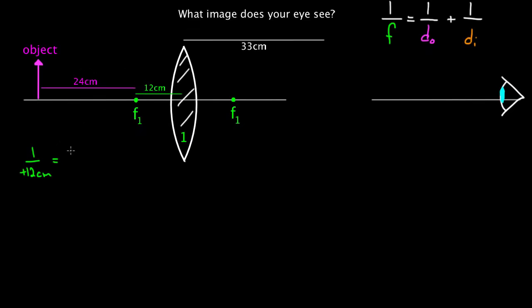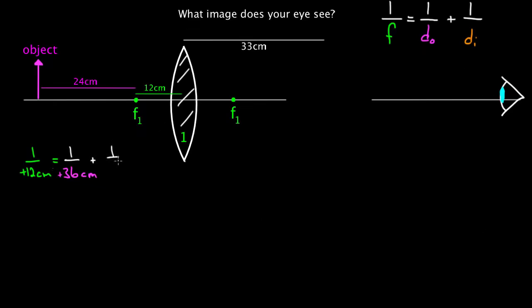It's actually 36. So I'd have 1 over 36 centimeters, positive or negative? Well, that's going to be positive here. We've got two lenses, but for this first case, it's on the left-hand side. Everything's cool. It's on the opposite side as my eye. It's going to be a positive 36. I'll show you in a minute how this could possibly be negative.